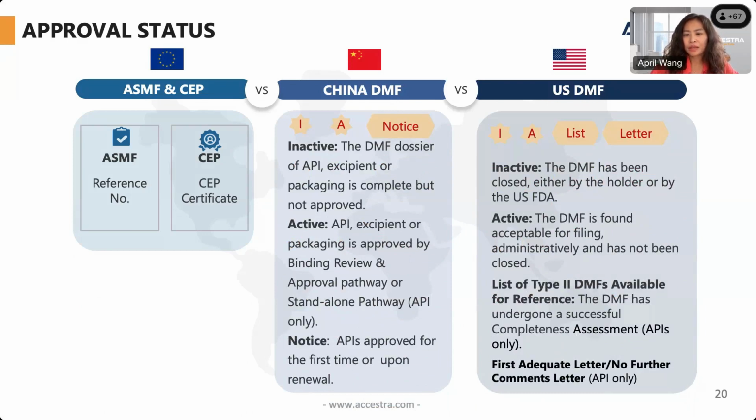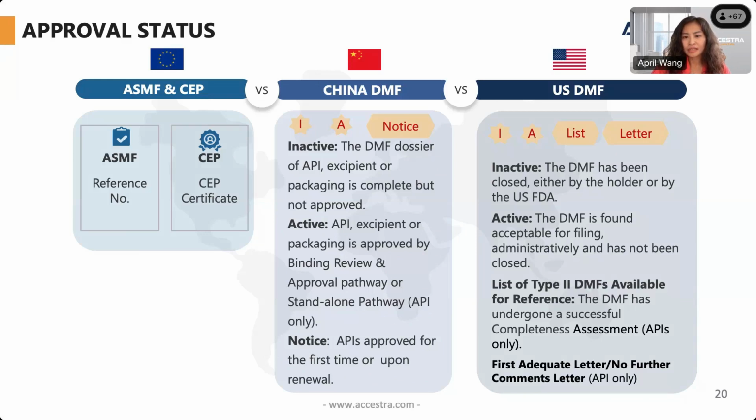For example, in China, inactive status means the DMF dossier is complete in terms of format review, and active means the DMF has passed technical review. Whereas in the US, inactive means the DMF is closed, either by the holder or by FDA. And active means the DMF is open and acceptable for filing.